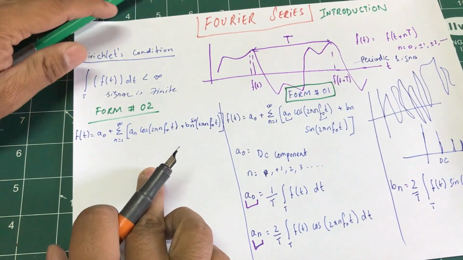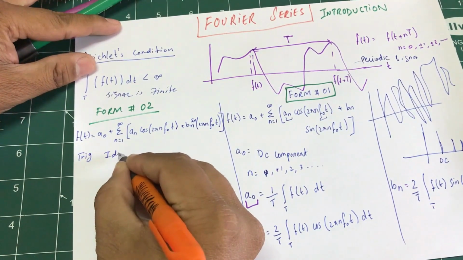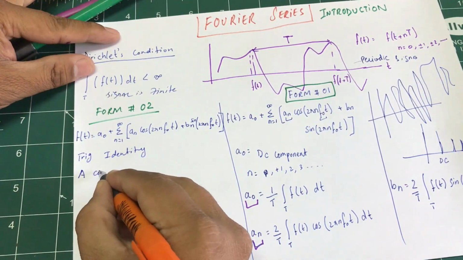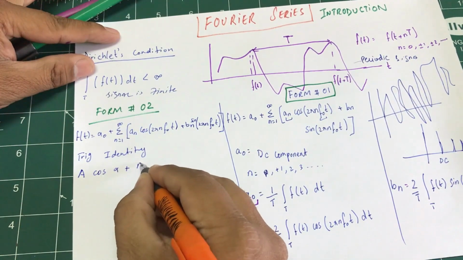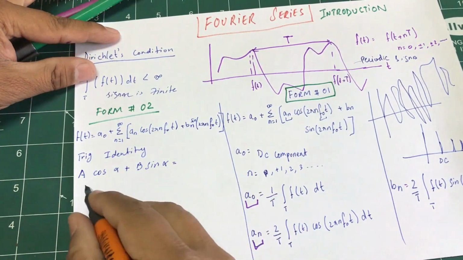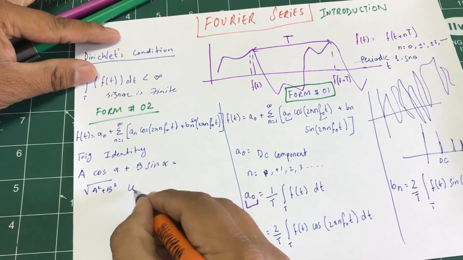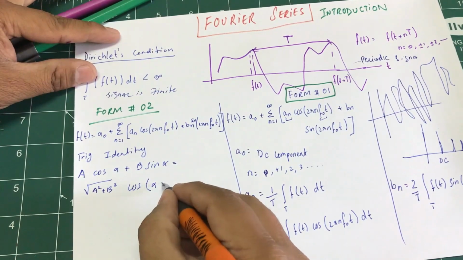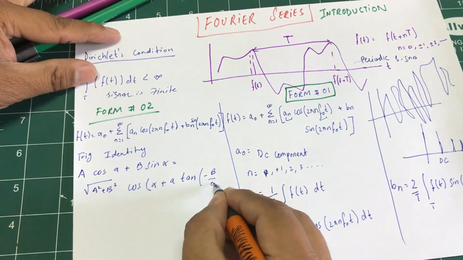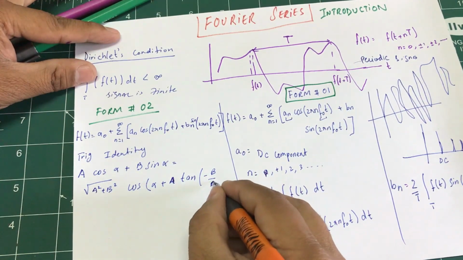Now when I look at something like this, I can apply my trig identity here. My favorite trig identity is this: a cos of alpha plus b sine of alpha should give me square root of a squared plus b squared, cos of alpha plus arctan of negative b over a.